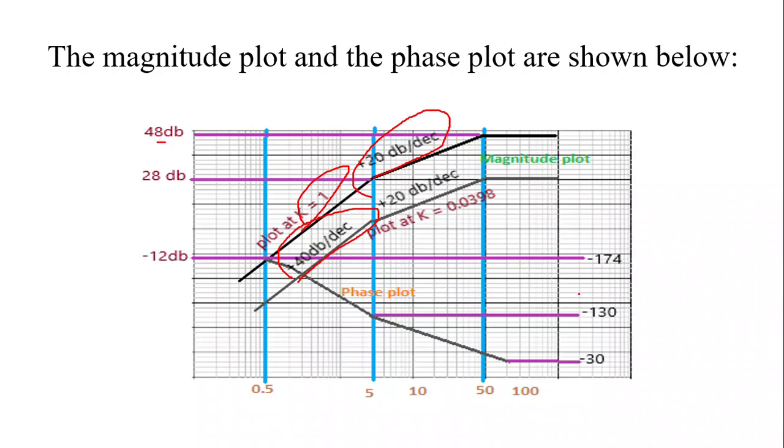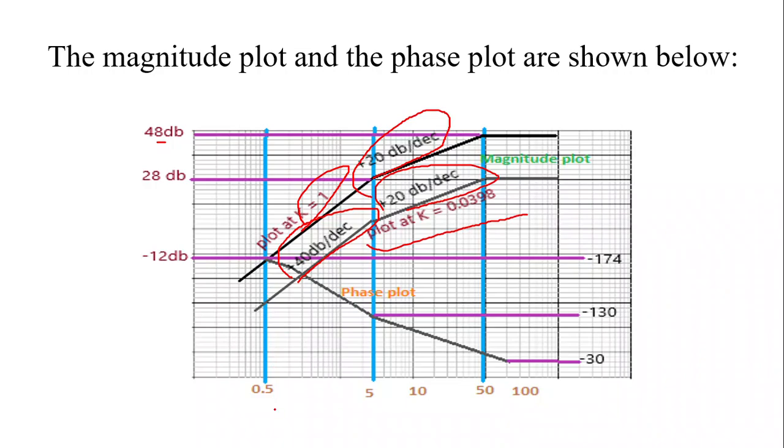The corresponding degree is -74, and we have a K value of 0.0398, with a slope of plus 20 dB per decade. In the plot, the blue line is the representation of our magnitude plot, and the black is the corresponding phase plot in our Bode plot.